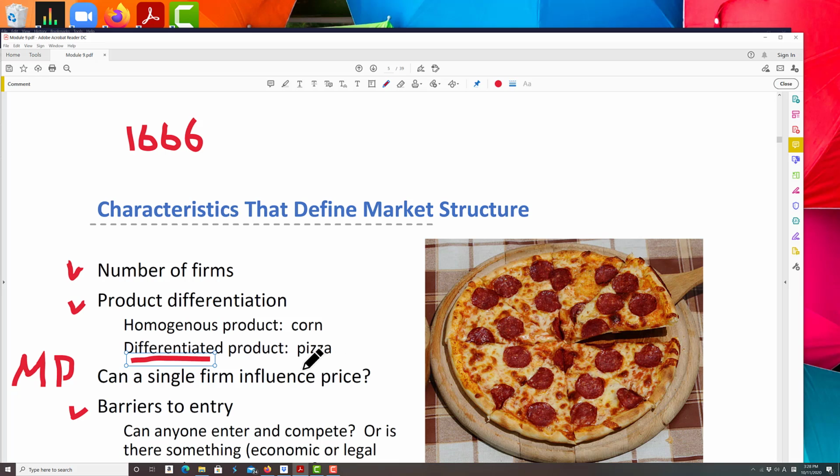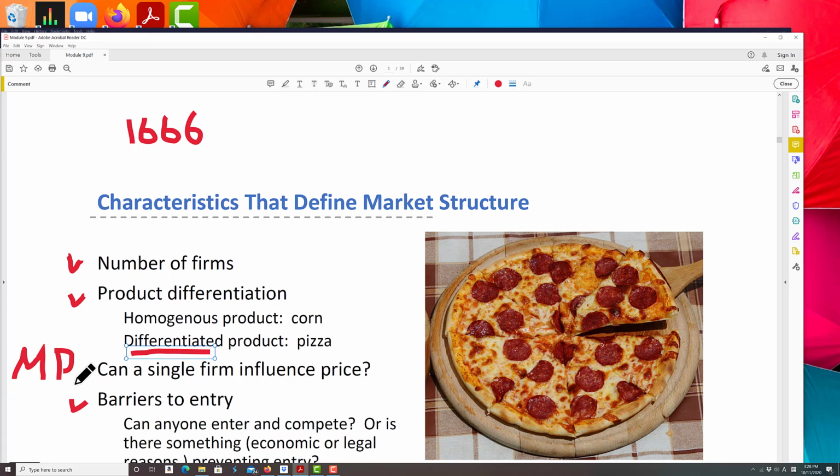But when consuming pizza, more often than not, connoisseurs can tell what kind of pizza it is, which producer is producing those pizzas, and so on.